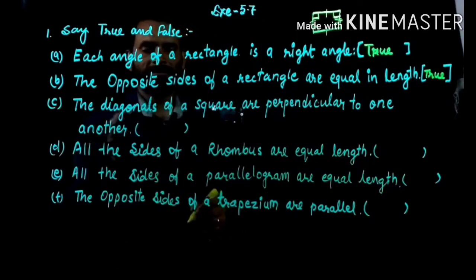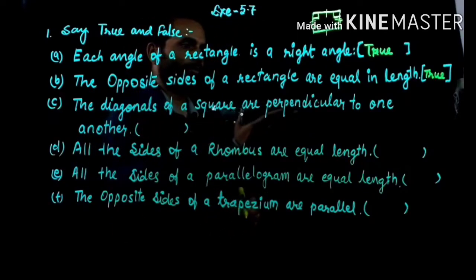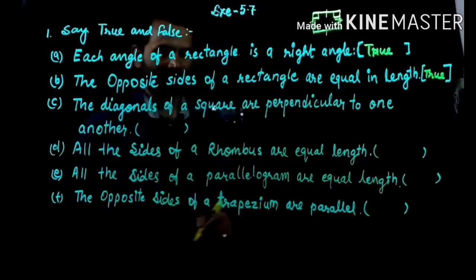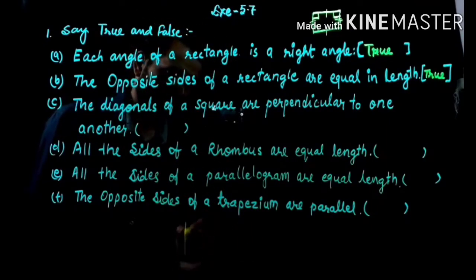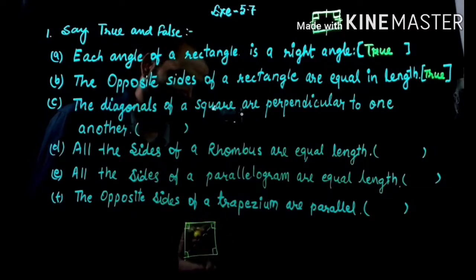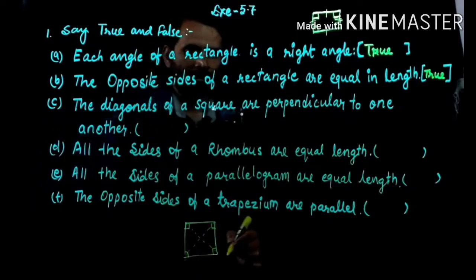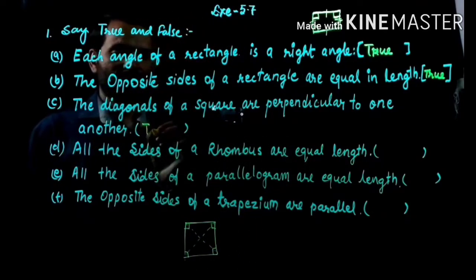Third, the diagonals of the square are perpendicular to one another. The square has four sides, all four sides are equal and each angle is 90. Okay, and diagonals are perpendicular bisectors, so the answer is true.